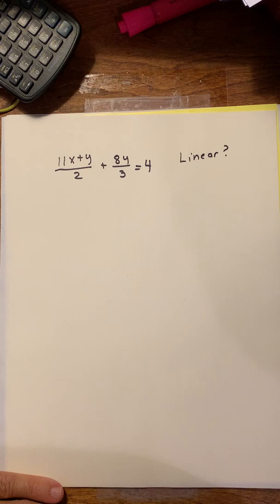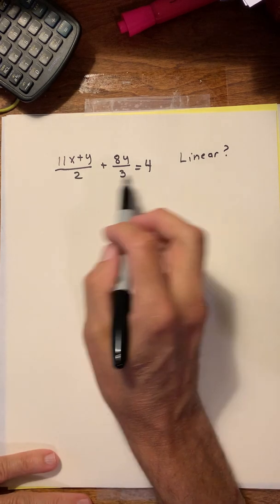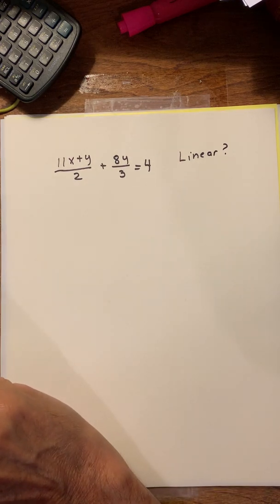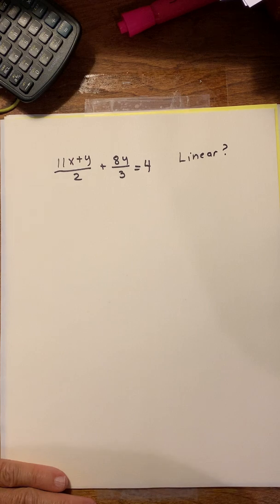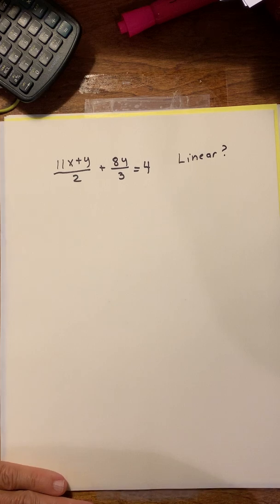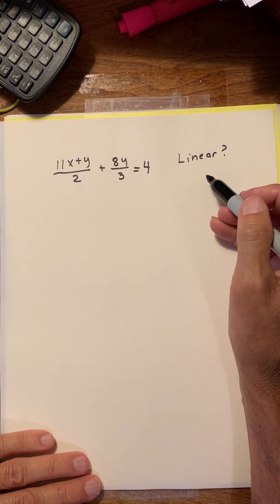Now it appears, I'm not sure. Maybe we ought to clear out the fractions and see if this just has x's and y's. Remember, a linear equation is just going to have x's and/or y's and numbers. So let's see if this has x's and y's, just x's, just y's. If it is, it's linear.